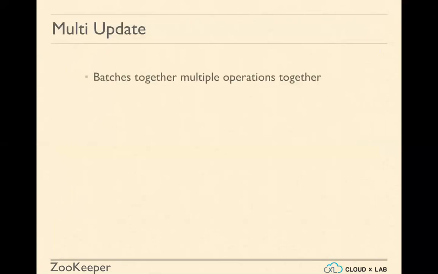Now, whatever changes we make, along with get, set, ls, and create, all of these changes could be combined together into batches, such that either all of those changes will be successful or all of them fail.